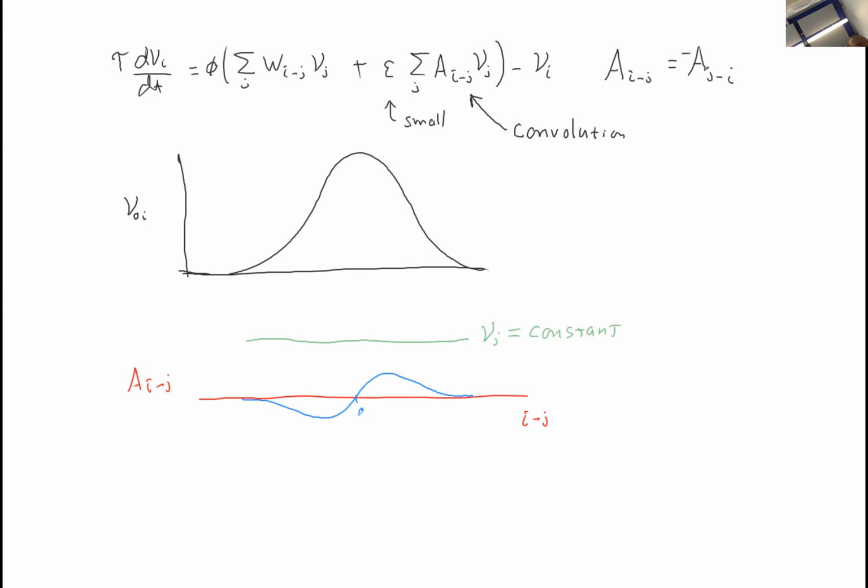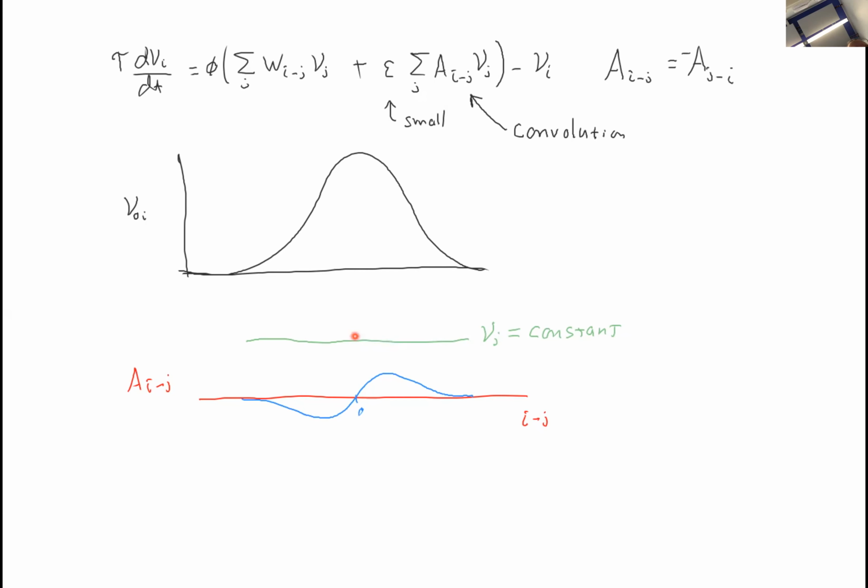The way we picture this sum here, sum on j of A I minus j nu j, is basically this blue curve multiplied by the green curve. Okay. So A 0 is multiplied by nu j here. j shifts over a little bit, multiplied by a different value.